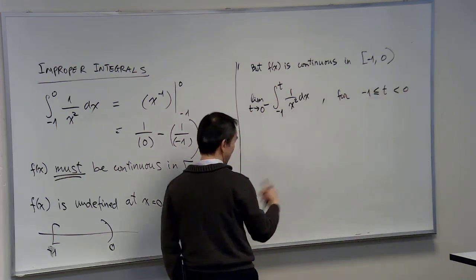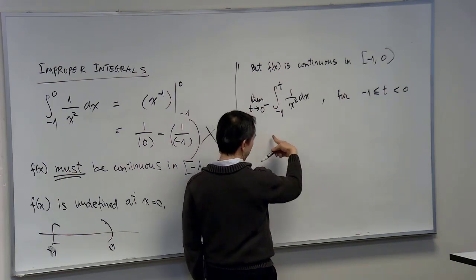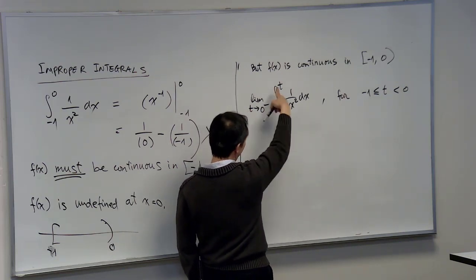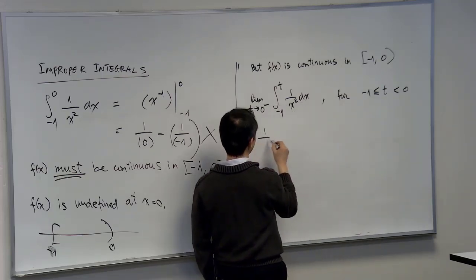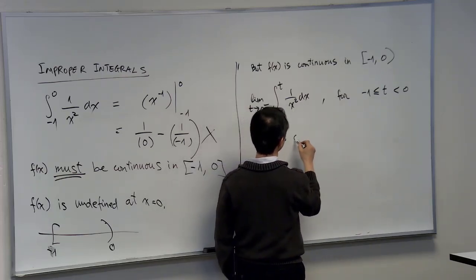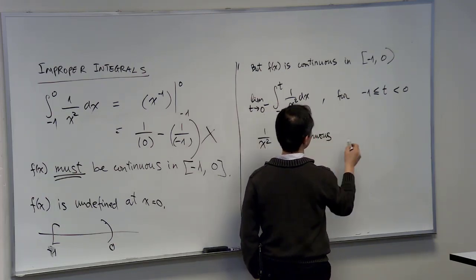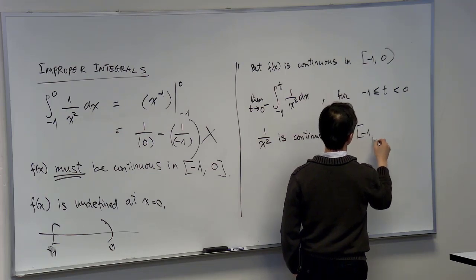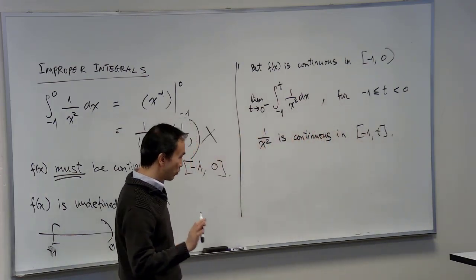Now things come out a lot more trivial, because by the fundamental theorem of calculus, 1 over x squared is continuous in the interval from -1 to t. That's why you can do the work easily.